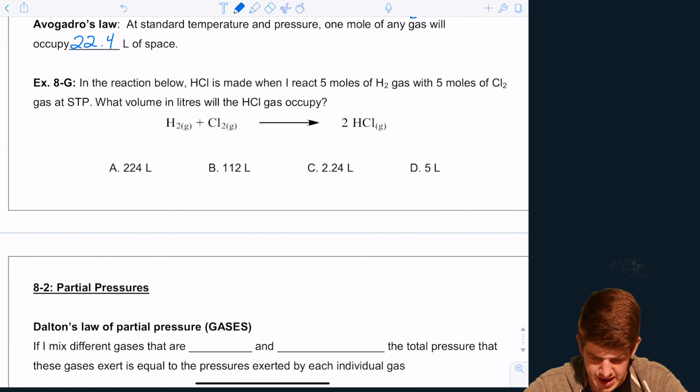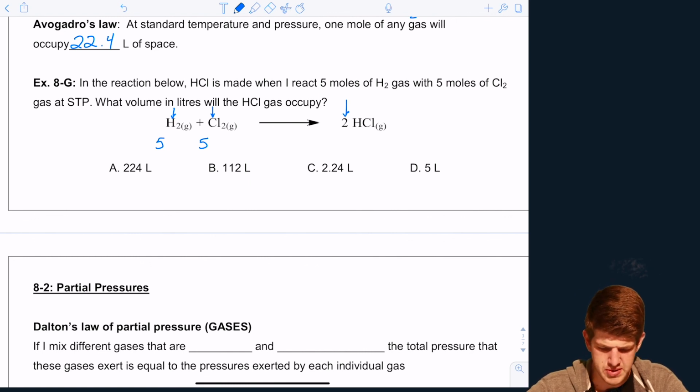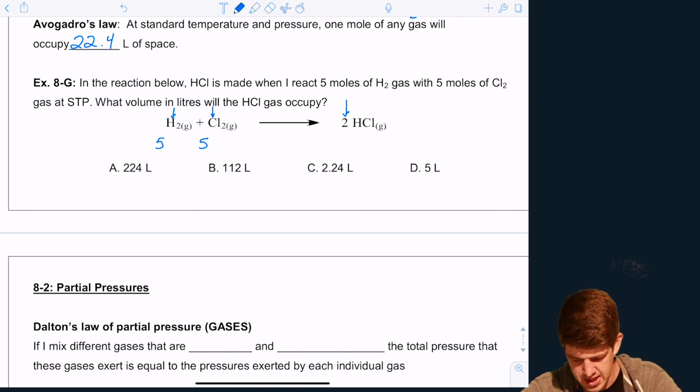It says HCl is made when I react 5 moles of H2 gas, so I'm having 5 of these with 5 moles of Cl2 gas, so 5 of those. And I can see that when I use 1 mole of H2 and 1 mole of Cl2, I make 2 moles of HCl. So if I'm using 5 of H2 and 5 of Cl2, I would expect to make 10 moles of HCl.